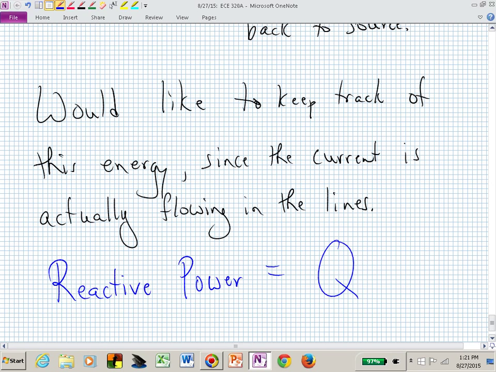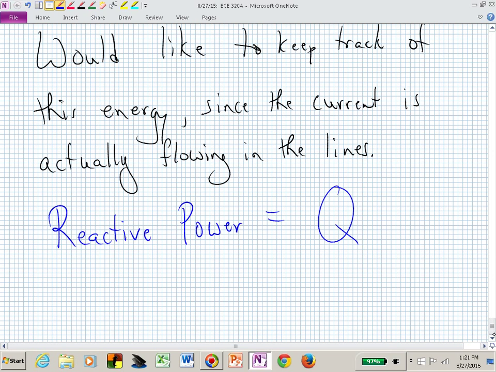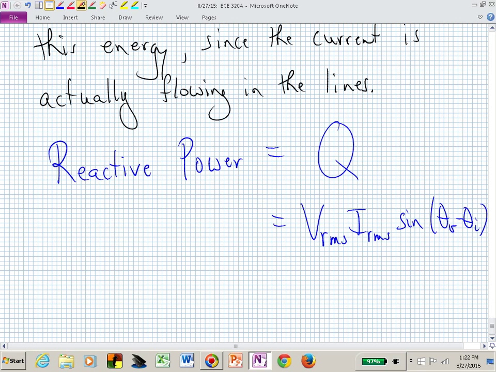We have P in the horizontal direction and Q in the vertical direction. The way that we will define Q is V RMS I RMS sine, since it's orthogonal to cosine, sine of theta sub V minus theta sub I, and a lot of times we will just call this angle theta, which, if we had an interconnection of resistors, L's and C's, would be the net impedance angle, because it's the difference between the voltage and current of that mess.